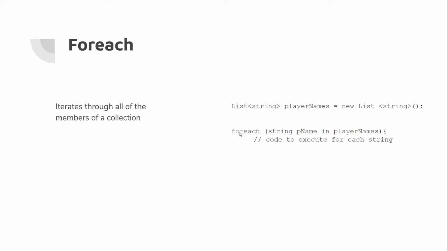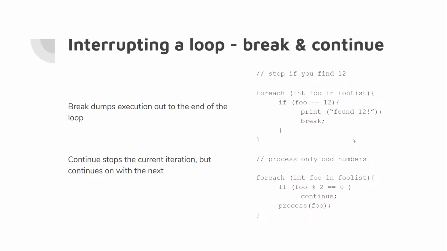Then I would say, for each string pName in playerNames, do this in here. Maybe this was a print statement. It would run through once for each element of this list. That'll come in handy as well.